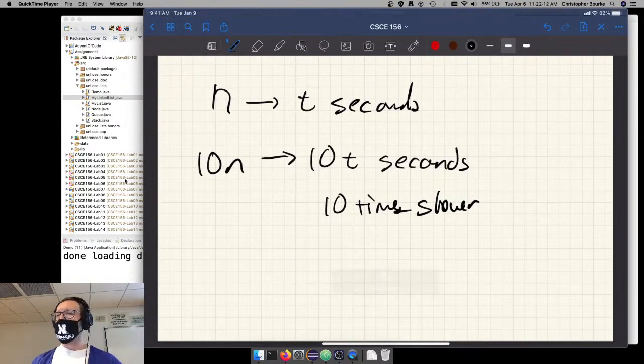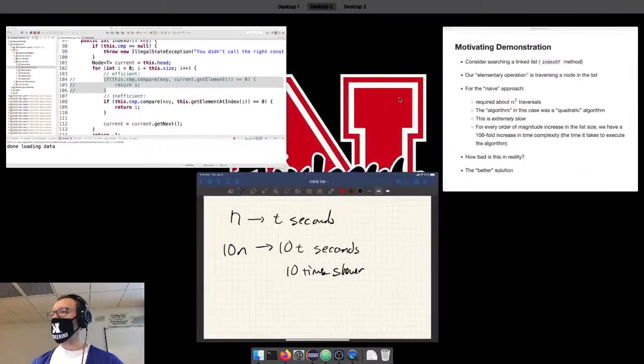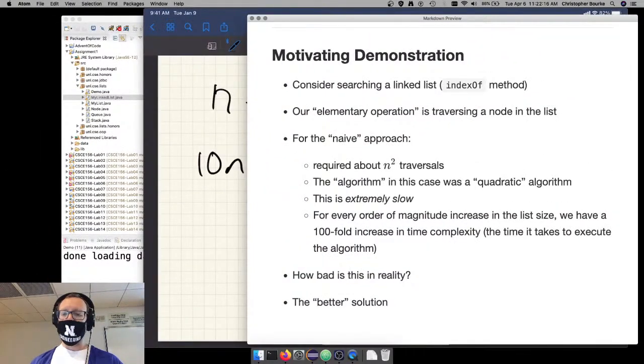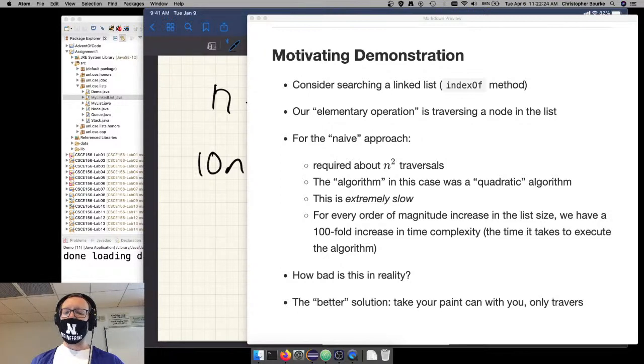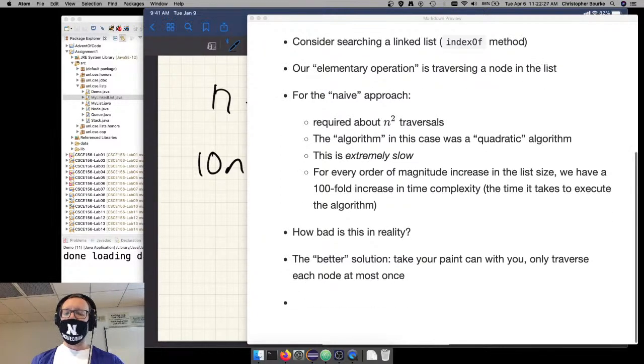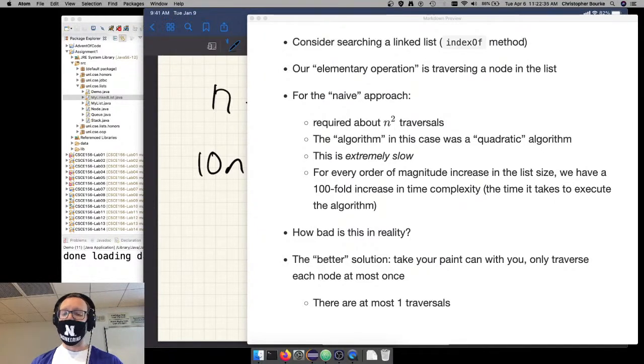Right? So let me go back over to my notes here. So the better solution is to take your paint can with you. Right? Only traverse each node at most once. For that one, there is at most one traversal per node, right?